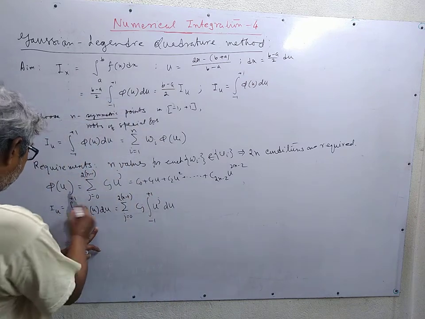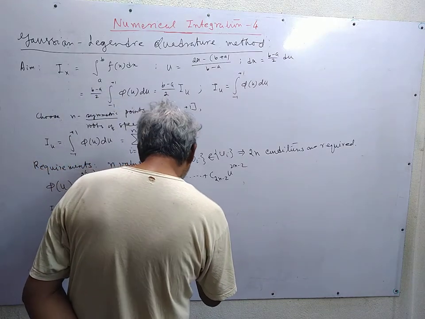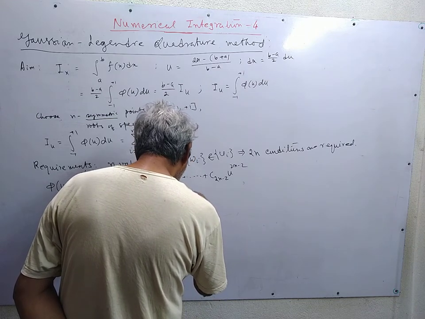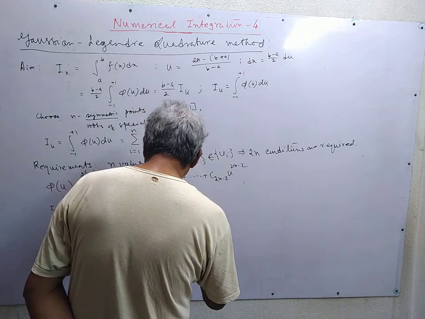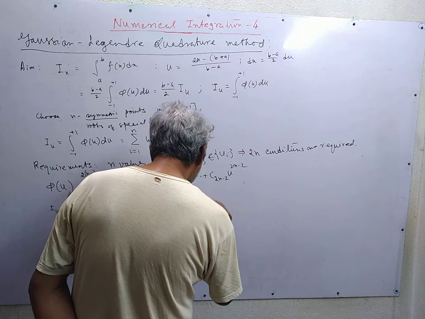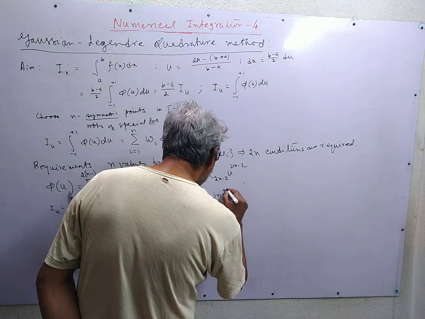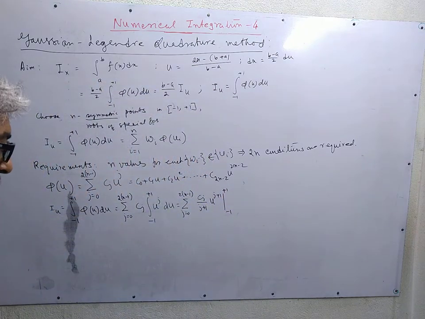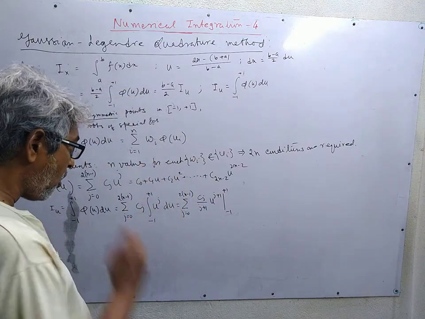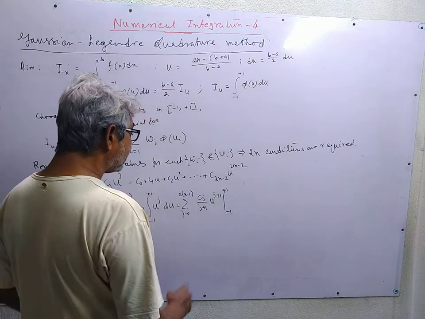Here we have used this form of u, and the integration result is such that when the power j is odd, this term gets cancelled, and for even terms they survive.